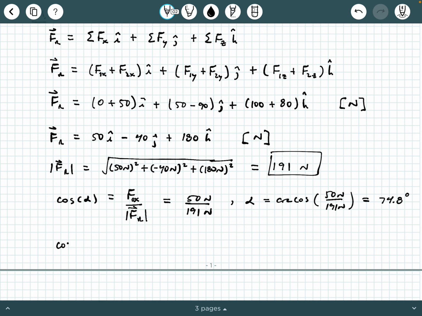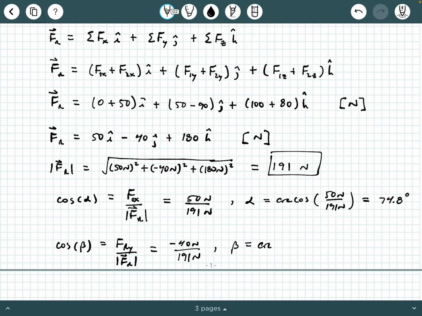Similarly, cosine of beta is FRy over the magnitude of FR. And that's just going to be equal to negative 40 newtons over 191 newtons. And so we'll get that beta, not alpha, we're done with alpha.